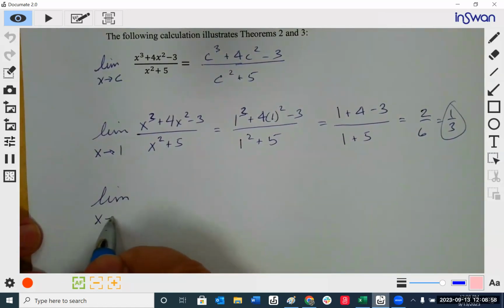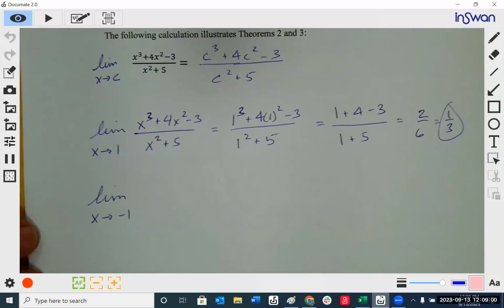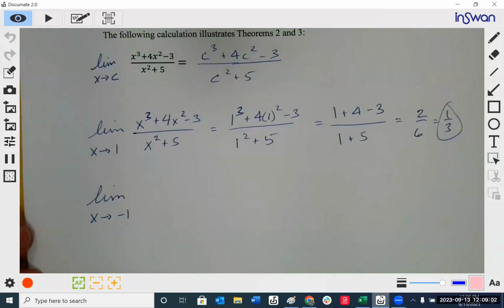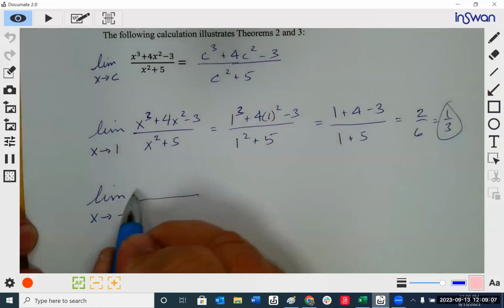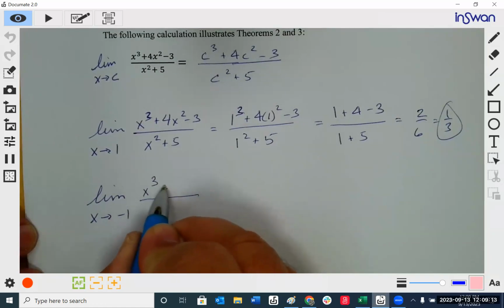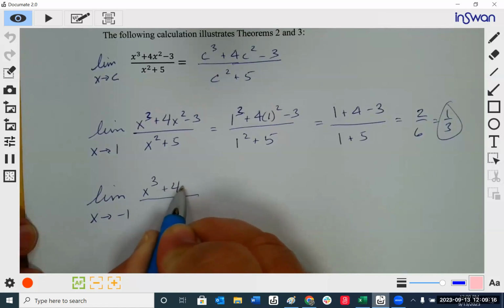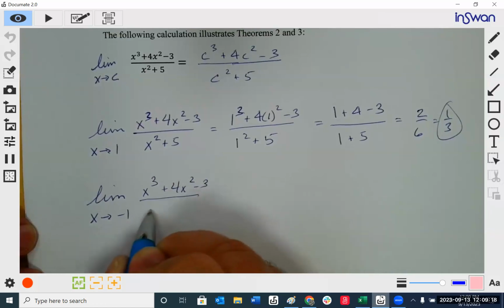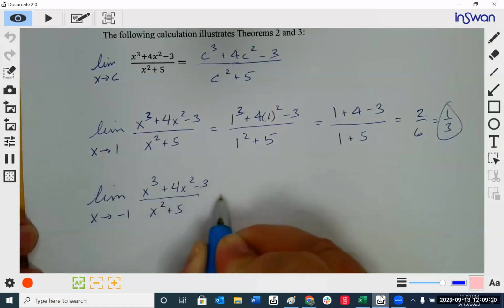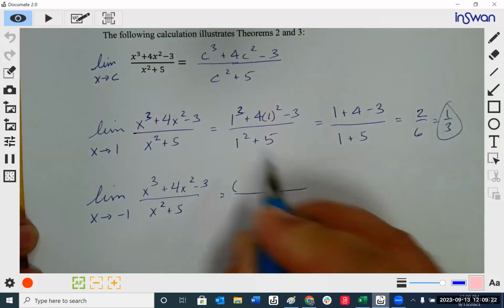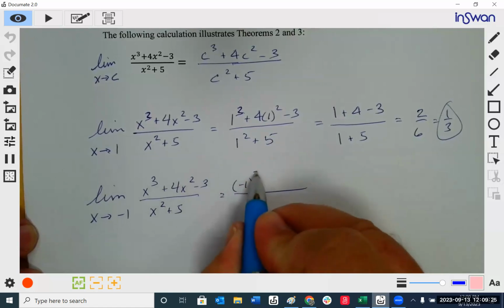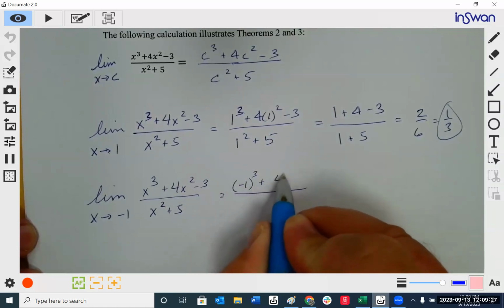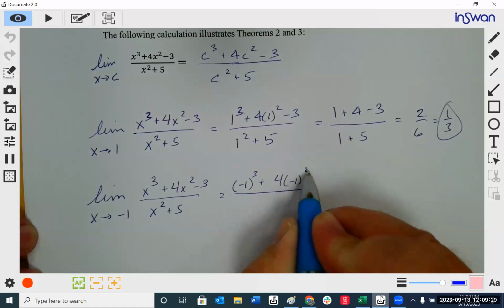What would happen if we went to -1? Negative 1 plus 4 minus 3. Because now it changes since we have odd and even exponents.